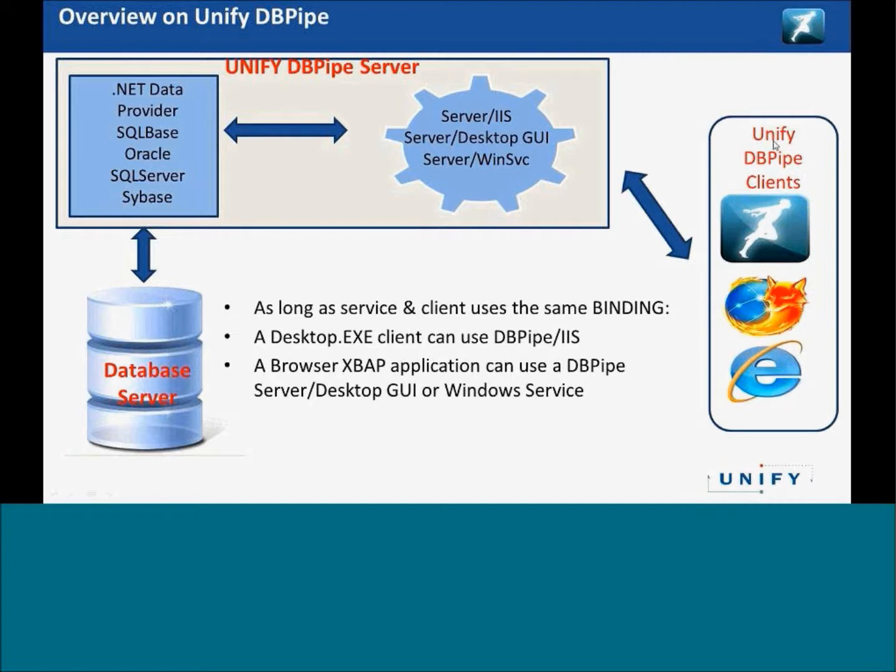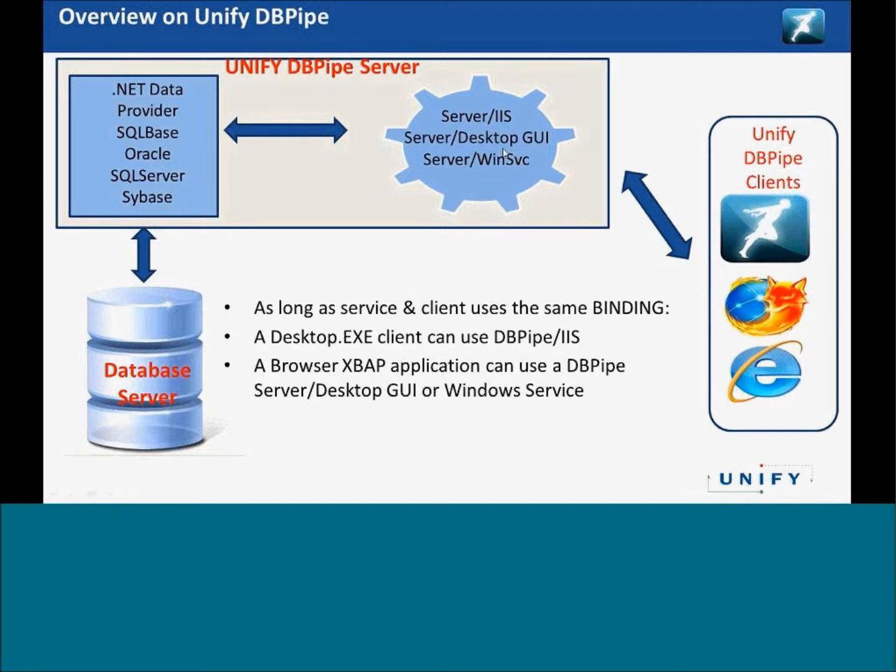So basically, any Team Developer type of application, which are, of course, .NET applications, can directly talk to our DBPipe technology, which is in fact a server, no more no less, that can be hosted here on IIS, or can be a desktop exe GUI, pretty much like, if you know SQLBase, the console, which is also a server. And with this DBPipe UI, you are able to see the transactions that the client actually sends to the server.